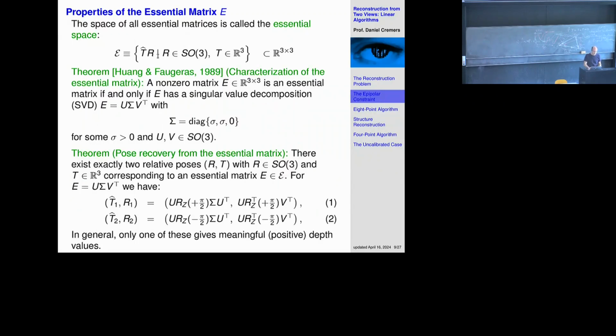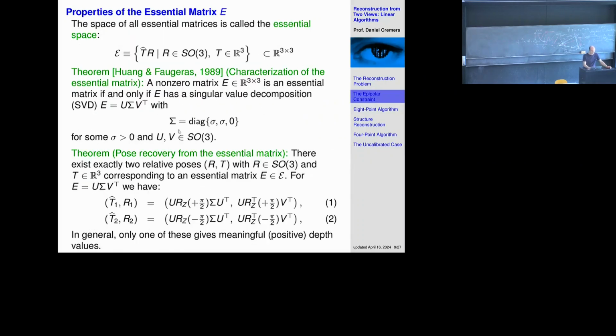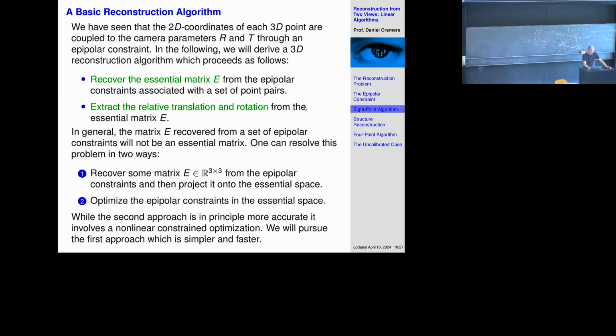Whatever we compute for E should be of this nature, meaning it should have this singular value decomposition. The first way is that we just recover some 3x3 matrix E, and then we project it onto the essential space, meaning we compute the nearest essential matrix.